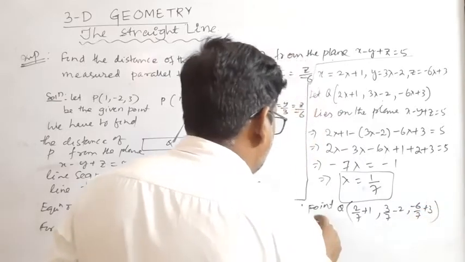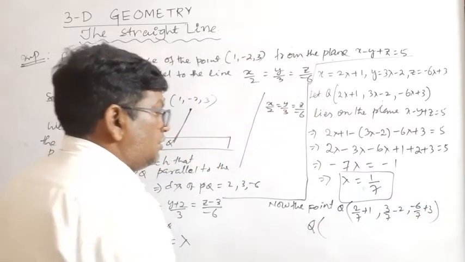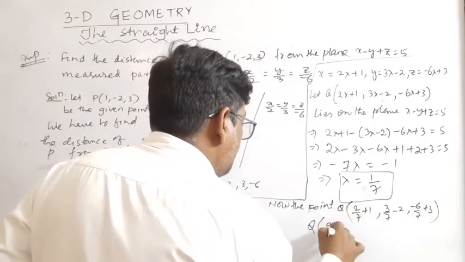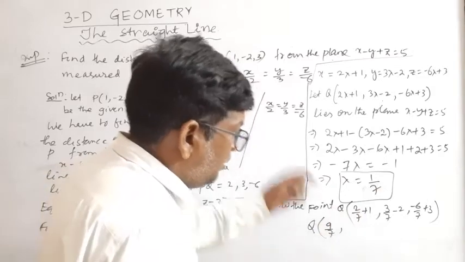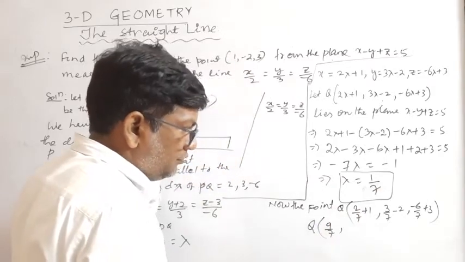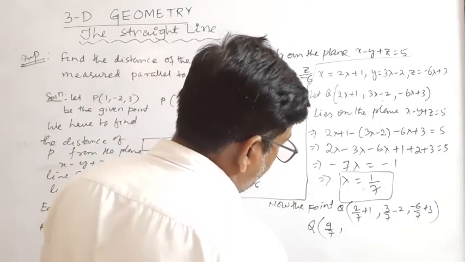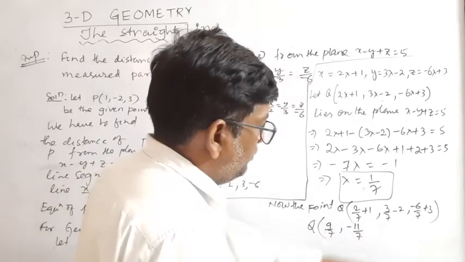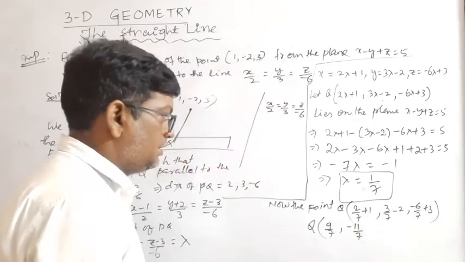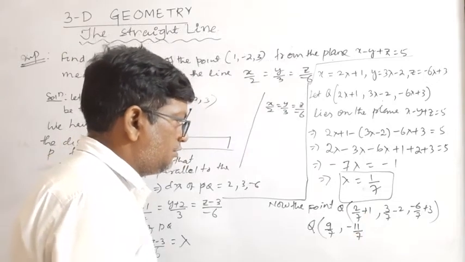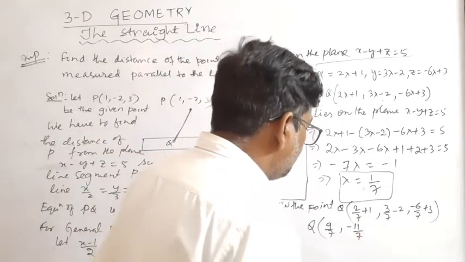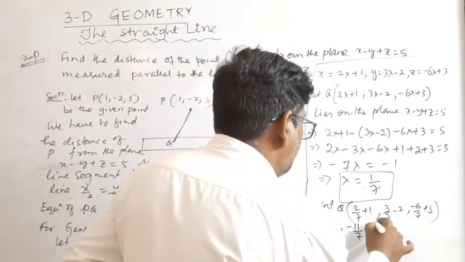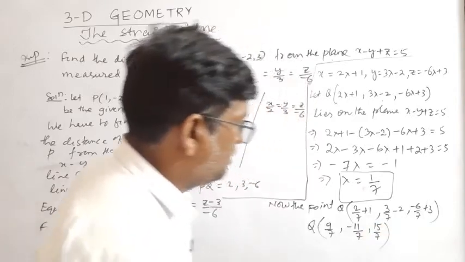So Q is 9 by 7, then 3 minus 14 that is minus 11 by 7, and 21 minus 6 that is 15 by 7.